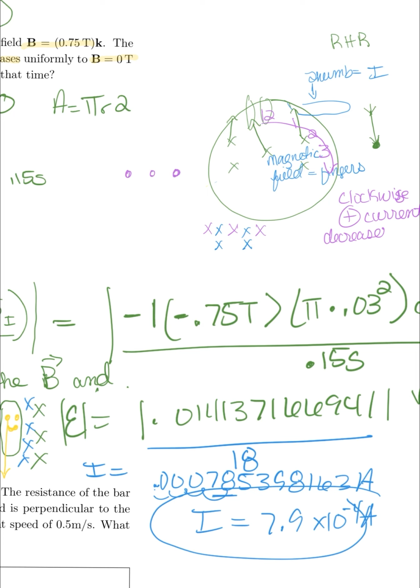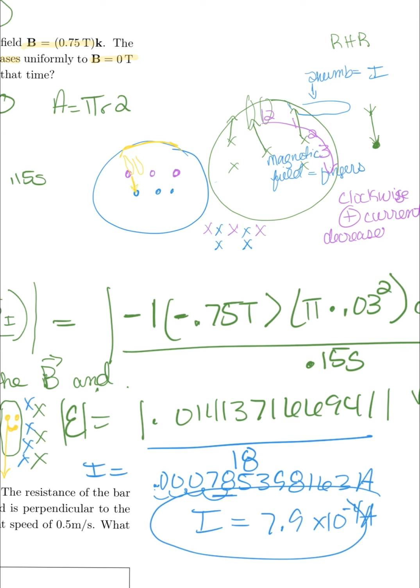And it was decreasing. The wire, too, would create one coming out at us, okay? So if it is coming out at us, then what I would do is wrap my fingers over the top of, well, hold on, sorry. If it's coming out, yeah, I would wrap this because I need my fingers to first come out this way, because that's what's happening, right?